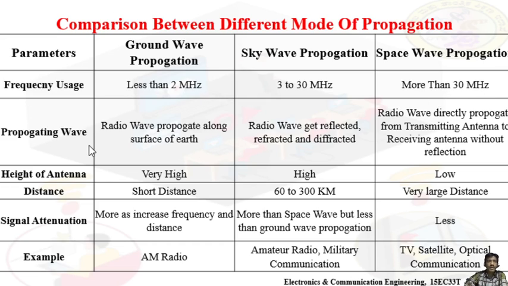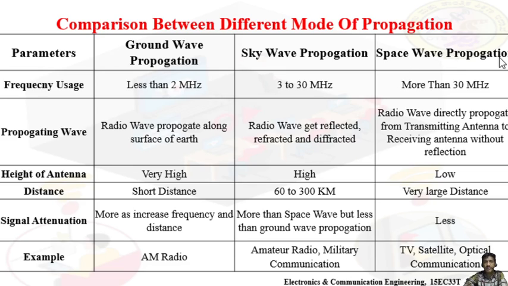And the propagating wave. The wave propagating from the transmitting to the receiving antenna in ground wave propagation is a radio wave propagating along the surface of the earth. In sky wave, the radio wave gets diffracted from the ionized region.